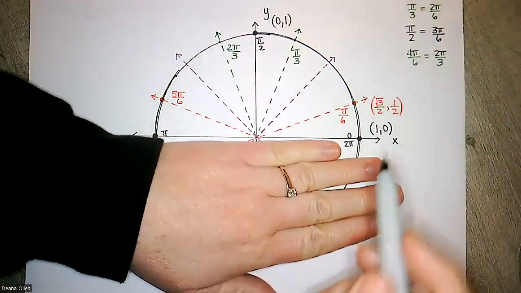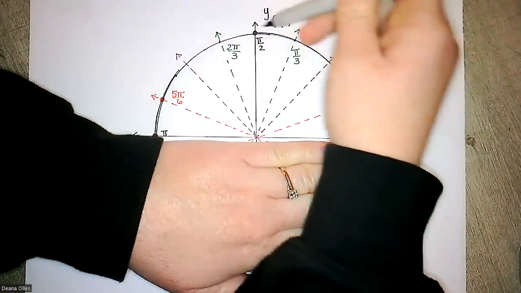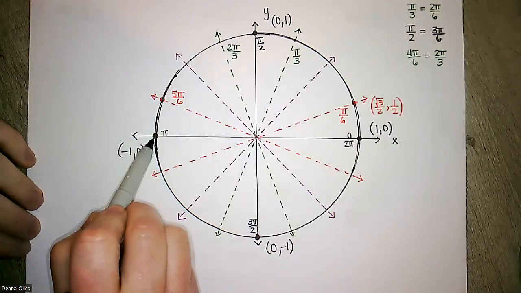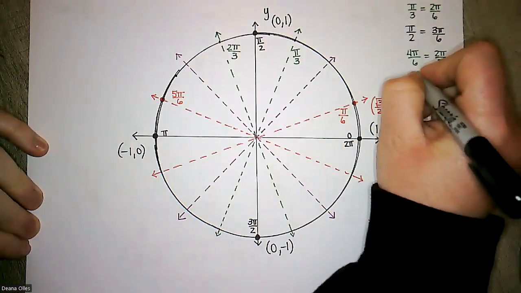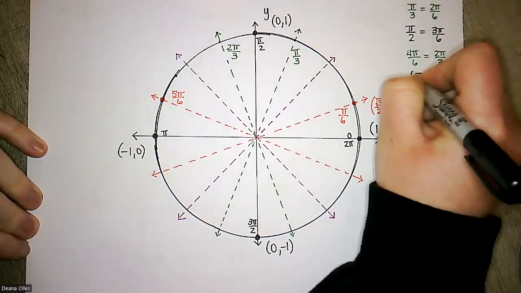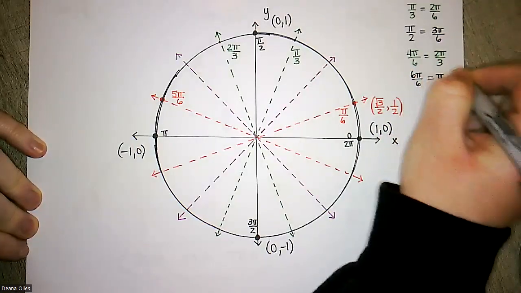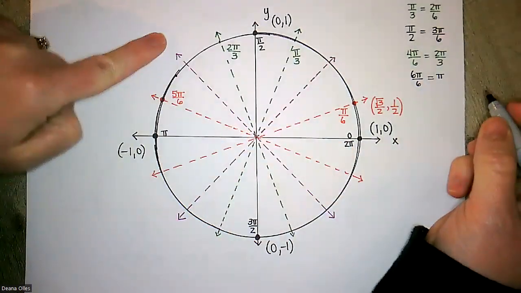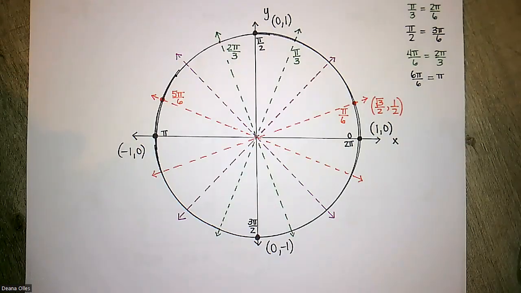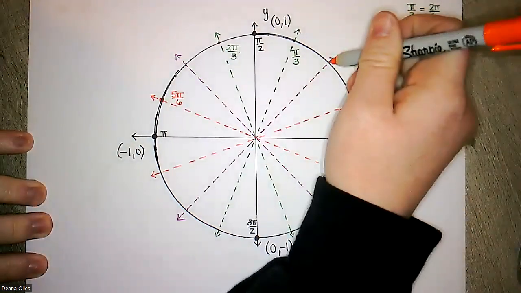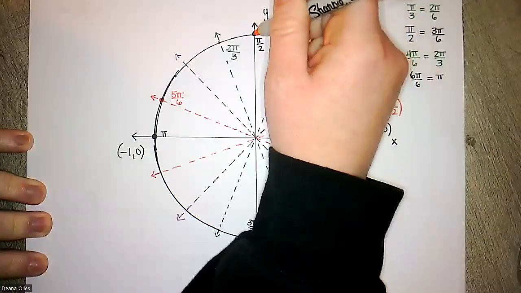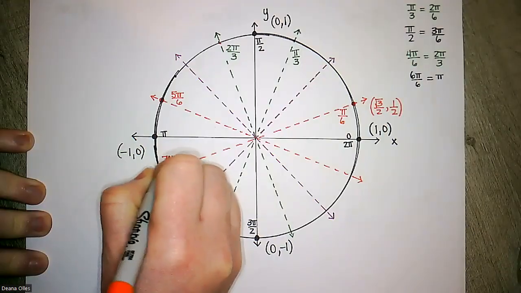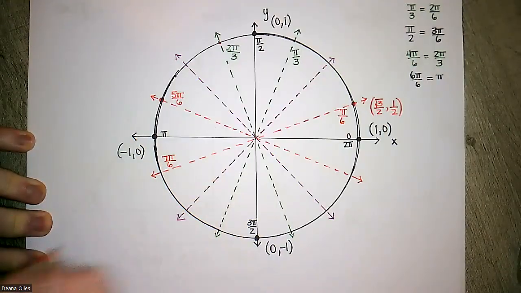Then when we get to pi, 1, 2, 3, 4, 5, 6 pi over 6 is just pi. So I've divided my pi radians into 6 equal pieces, and that ignores my pi over 4s. Let's keep counting. The next one will be 7 pi over 6, which cannot be reduced.